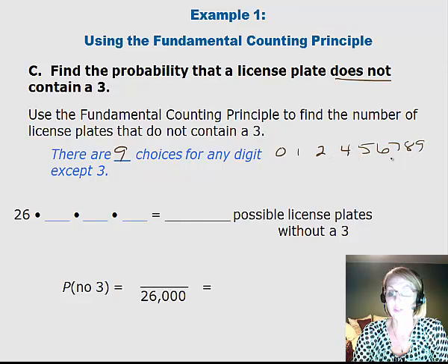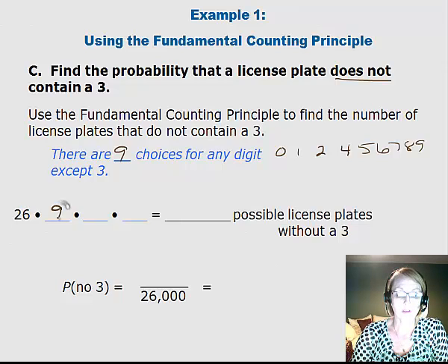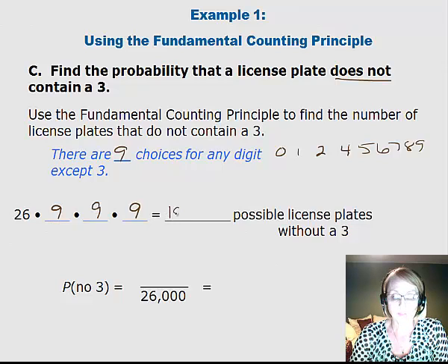And you'll see there's 9 choices. So it can have any one of the 26 letters. It can have 9 choices for the first digit, 9 choices for the second digit, and 9 choices for the third digit. So when you multiply these 4 numbers together, 18,954 possible license plates without the digit 3.